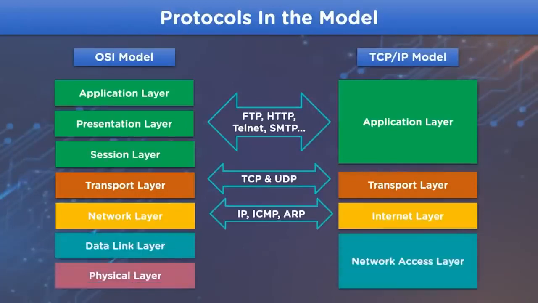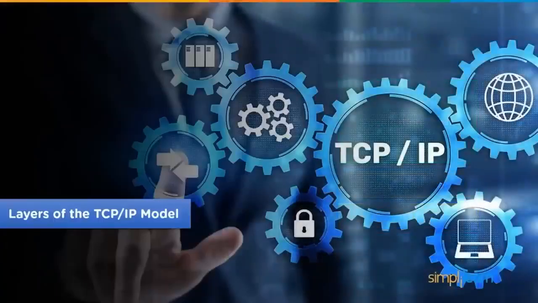Then we have the data link layer and physical layer from the OSI model, which refer to the network access layer in the TCP/IP model. These layers don't exactly apply any protocol but are connected through physical medium, which includes Ethernet, Wi-Fi, and cables. Now that we are done with the protocols regarding the TCP/IP model, let's take a look at the layers in detail.